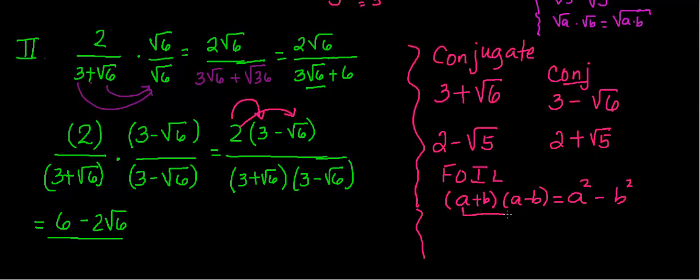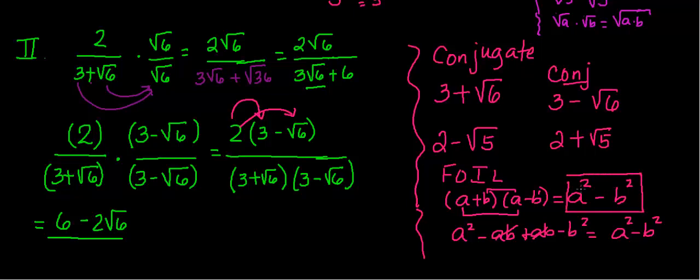You would do a times a, which is a squared. Then you do a times negative b, which is negative ab. Then you do b times a, which is plus ab. And then b times negative b, which is minus b squared. And notice that these two cancel out and you get a squared minus b squared. So whenever you see a plus b times a minus b, this is going to be your result. It's going to be the square of the first term minus the square of the second term.